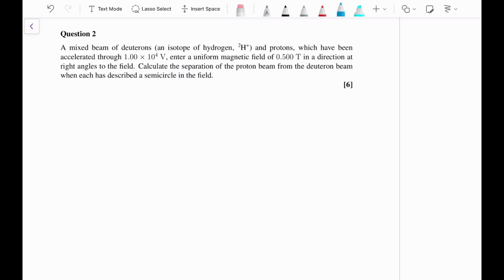First off, I'm going to draw a simple diagram to, I would say, visualize the system. So it will be something like this. This is the magnetic field, and then essentially there's a beam. Okay, so in the beam there's the deuterons and protons, and I'm going to use a red pen for the deuterons.